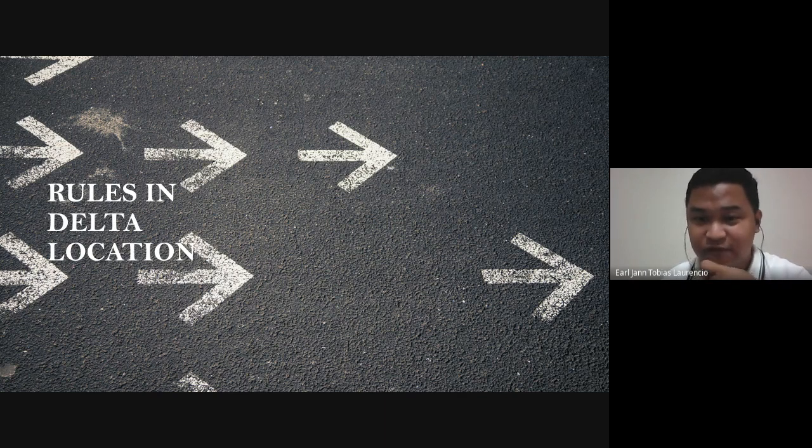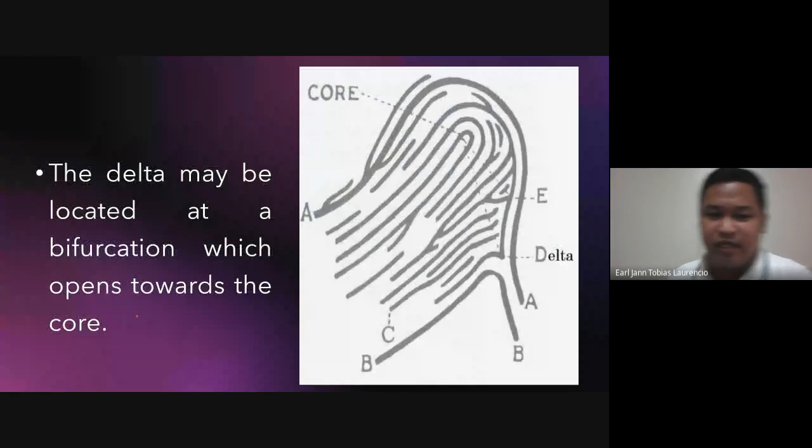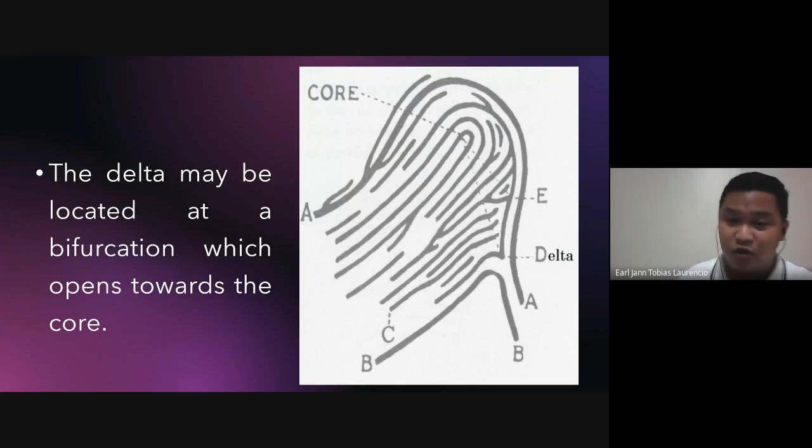We know already what a divergence is as well as the point of divergence. The delta, accordingly, may be located at a bifurcation which opens towards the core.